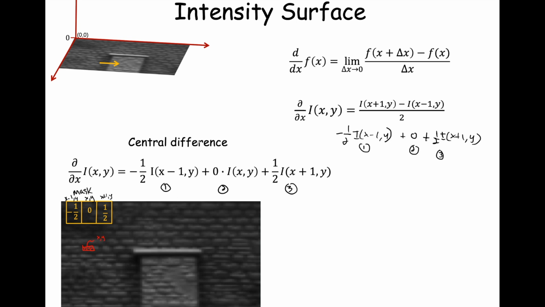And if I sum those terms together, that's going to give me the so-called central difference, or the derivative, or the slope of the intensity surface at that center point, xy.